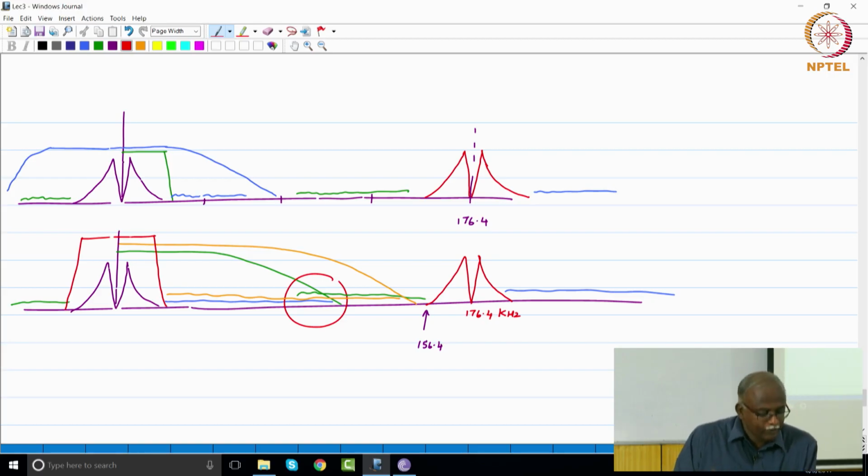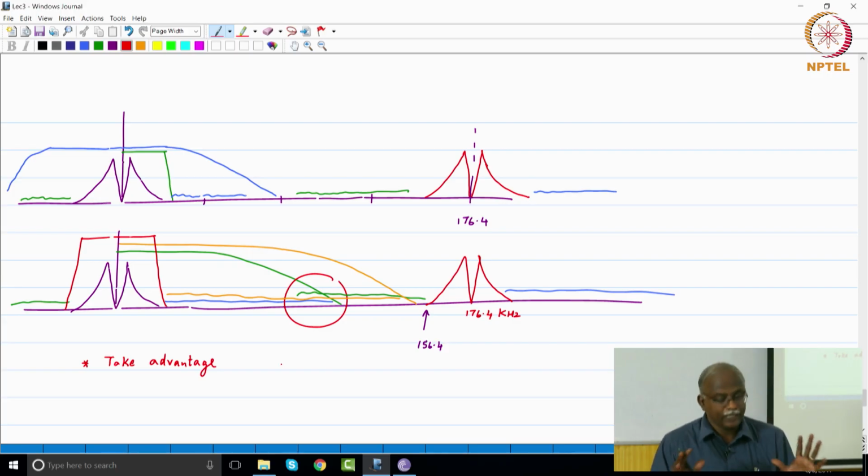So, the comment that I would leave here for you to think about is that we always take advantage of digital filtering. That gives you a huge advantage, particularly when you are working in the area of multi-rate DSP. We always keep in mind that we have a very powerful tool in digital filtering, because you can design more or less any type of filter: low pass, high pass, band pass, a differentiator, integrator, anything you can build as a digital filter. Take advantage of digital filtering.